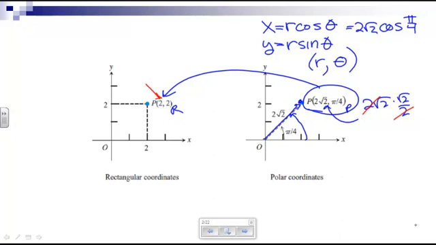Similarly, if I did the y description, 2 root 2 times the sine of pi over 4, you're going to get the same thing, and we'll find the y value is 2 as well. So there is a sine-cosine relationship.